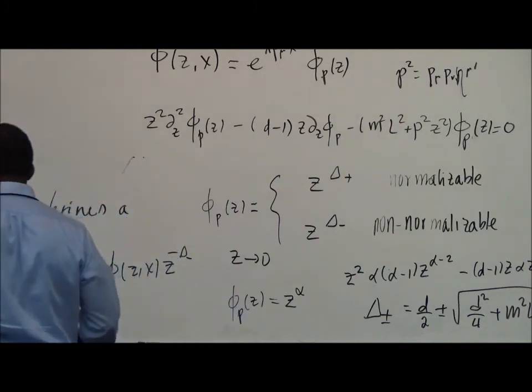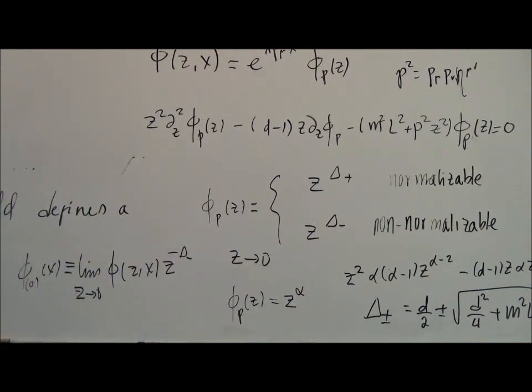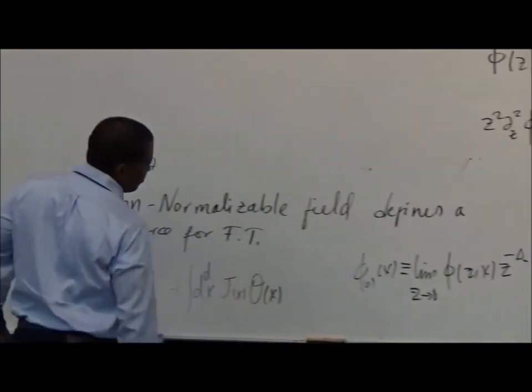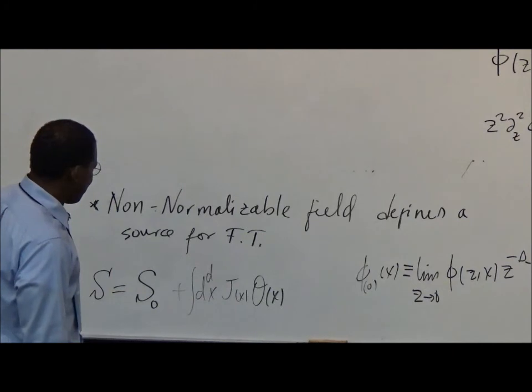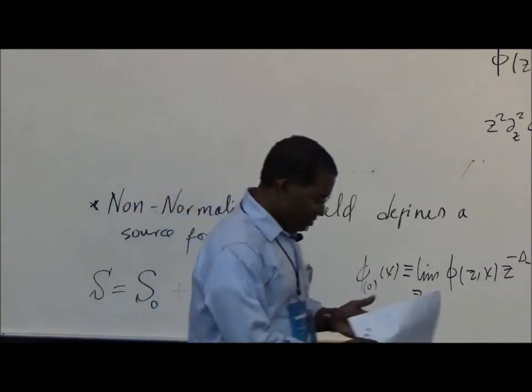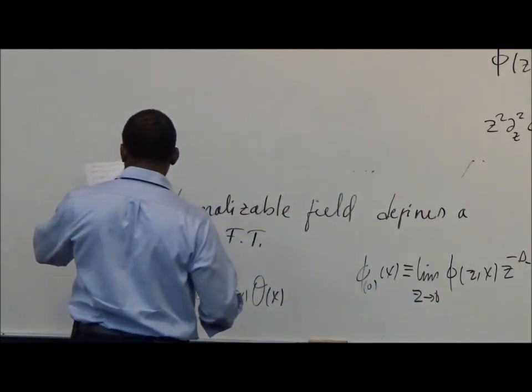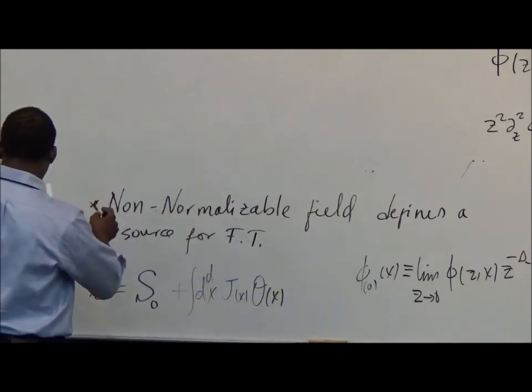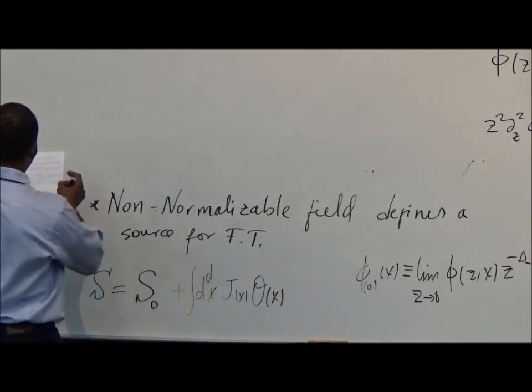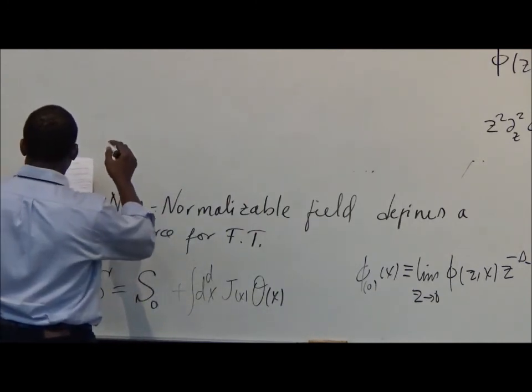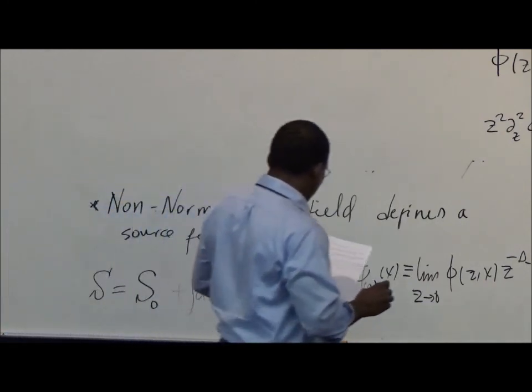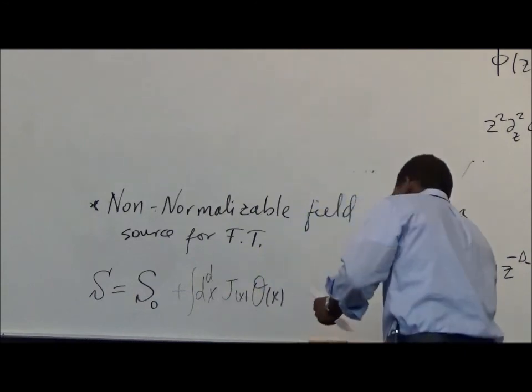So let's try to write this. If this operator has dimension delta, then the source has to have dimension d minus delta.